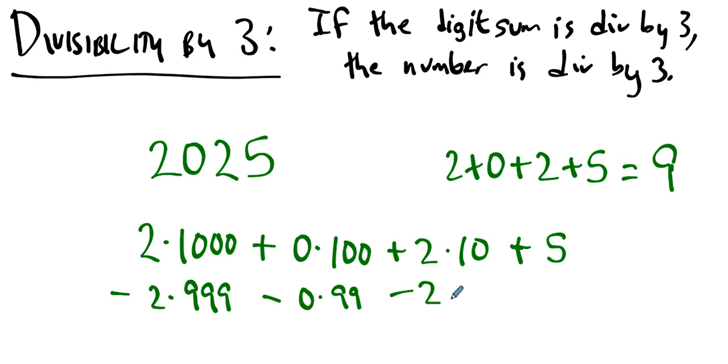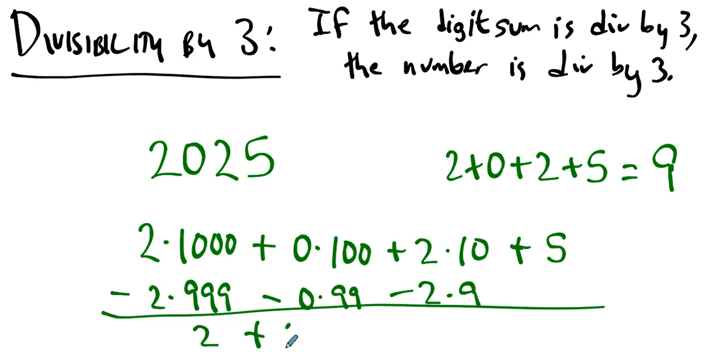We're going to remove 9 of the 2's. Surely that is a multiple of 3. So we've removed a multiple of 3 each time. What's left? Well, there's only 2, and there's 0 there, and there's only 2. And then this 5. This is the digit sum.